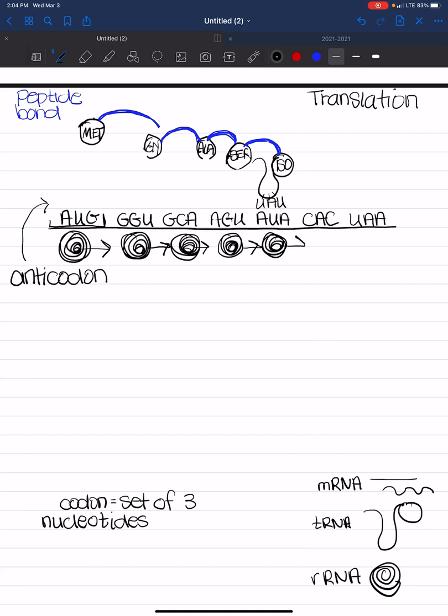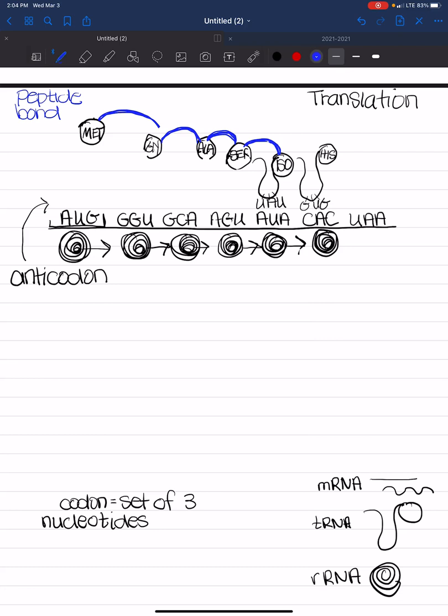Our chain scoots over. The next transfer RNA comes in with the anticodon GUG. It's going to carry the amino acid histidine, HIS.